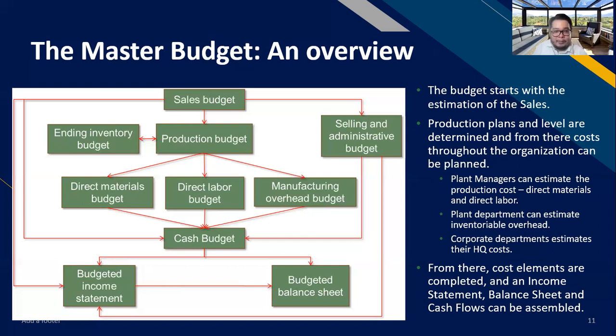Because if the sales department says that they're going to sell 1.2 million units this year, it doesn't mean that we will produce 1.2 million units only. We have to allow for a buffer for the ending inventory, right? So probably I'll be producing 1.3 million instead, kasi yung 100,000 is for allowance for ending inventory. So therefore, my focus now is to produce 1.3 million units, and they will sell 1.2 million units.